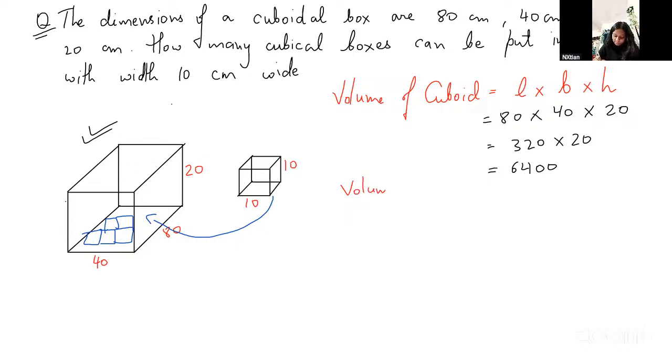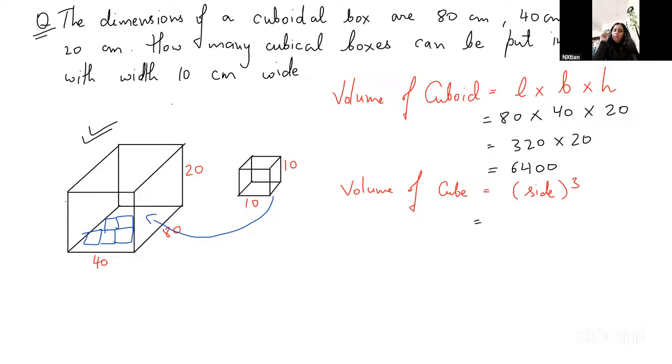Volume of cube. The formula says that side raised to the power 3. Side cube. What does that mean, ma'am? That means we have to do what is the width of the cube? 10, right? That is the side of the cube, 10. So we multiply 10 three times because 3 is written on the top, small 3.